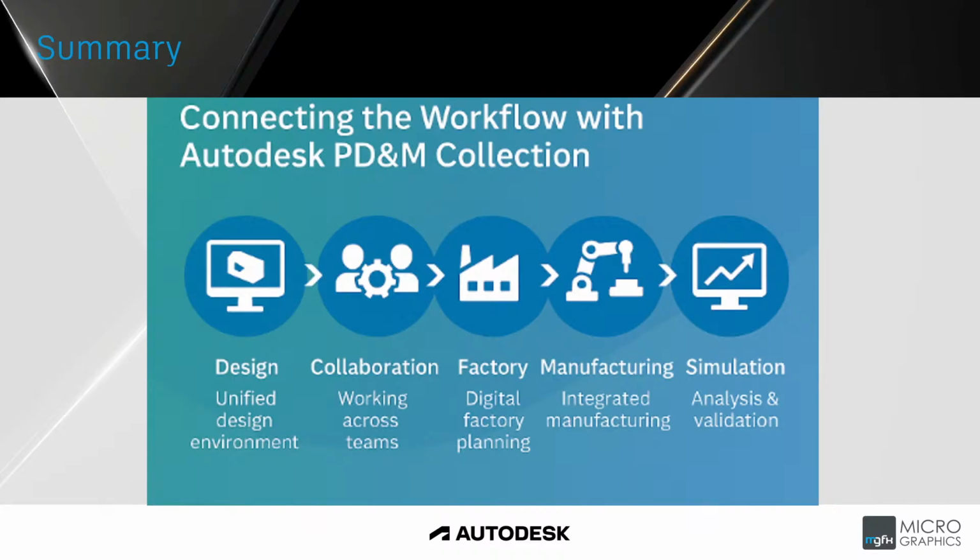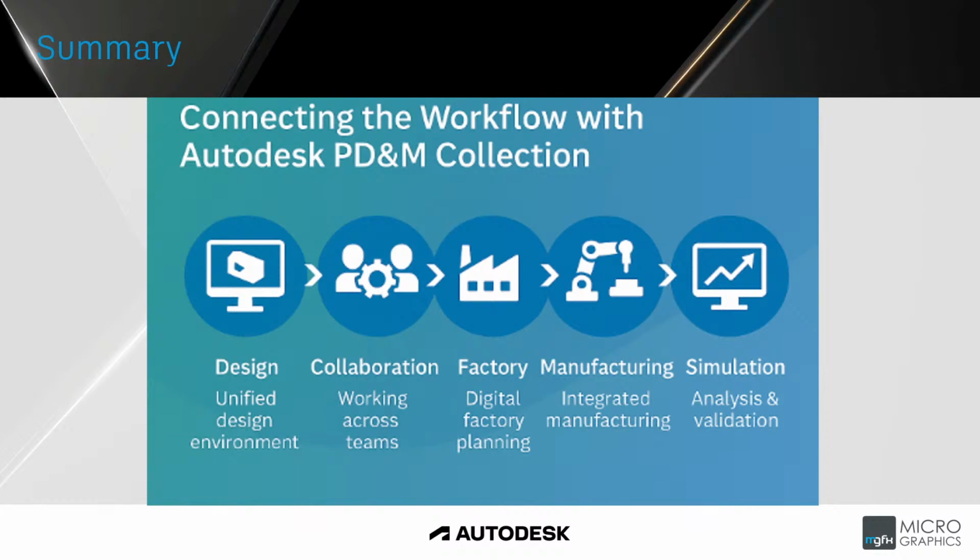Lastly, simulation and validation. With stress analysis, motion simulation, and, depending on whether you have a manufacturing extension within Fusion, you can even get generative design. And this will optimize performance and validate designs before production to minimize costly mistakes.